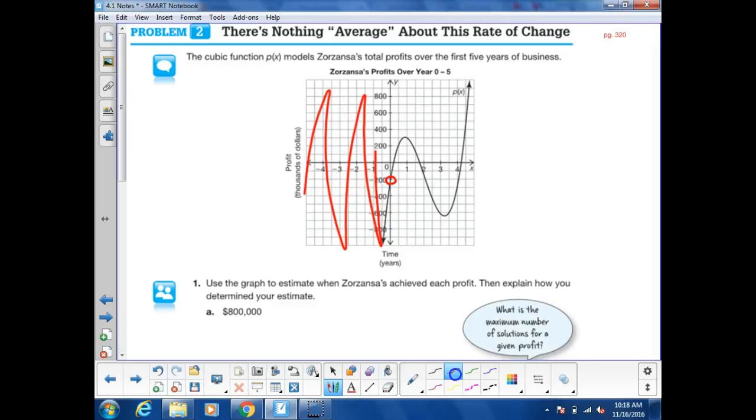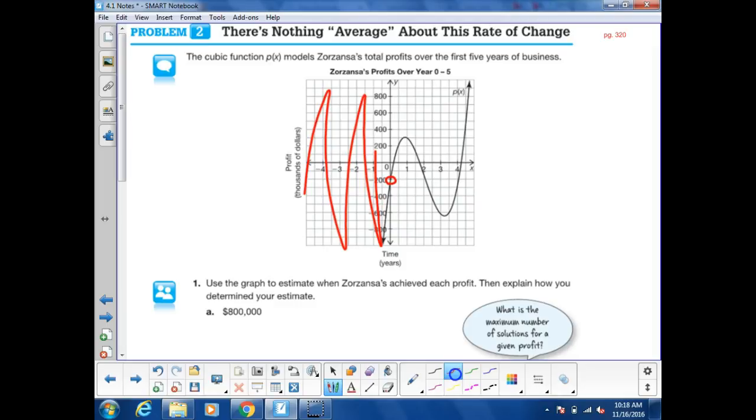Our business started at year 0, so that whole side of the graph I can ignore. It's just on there because the function that we would come up with would still extend over there. What else? Any other spots that don't make sense?